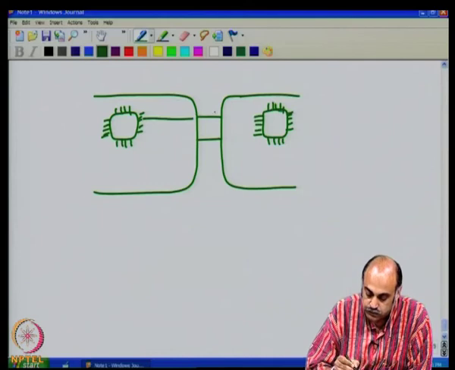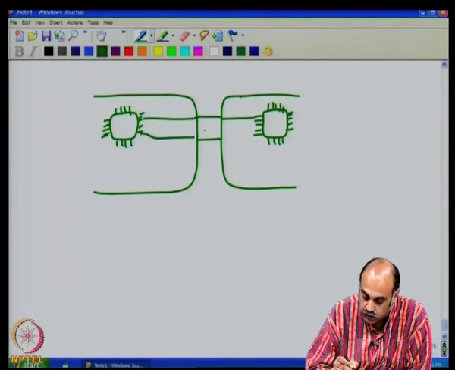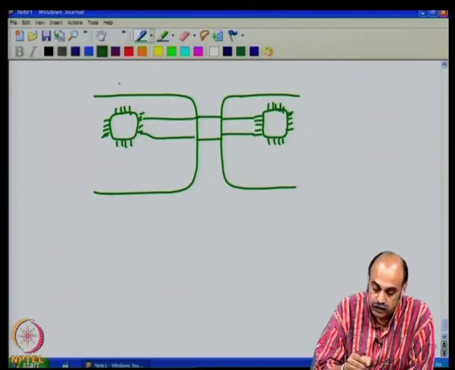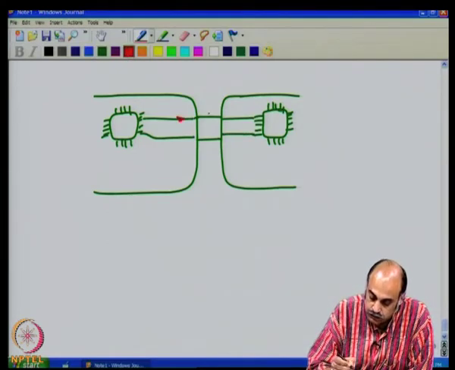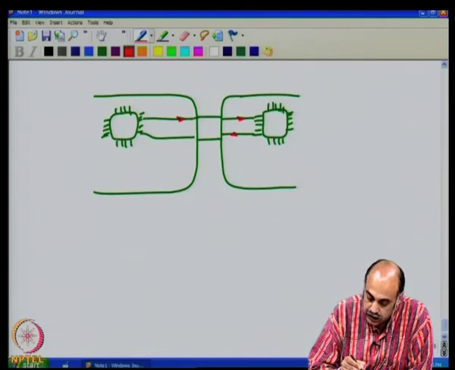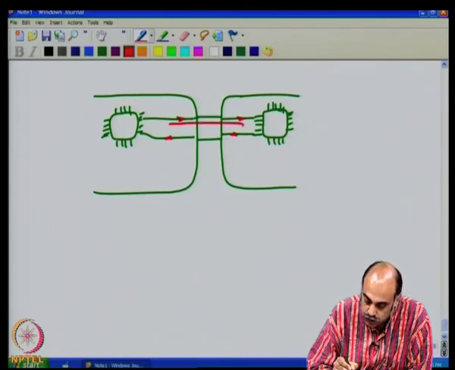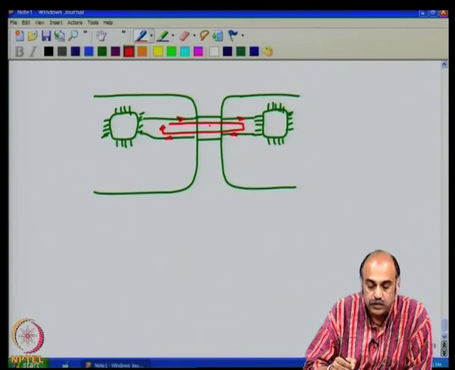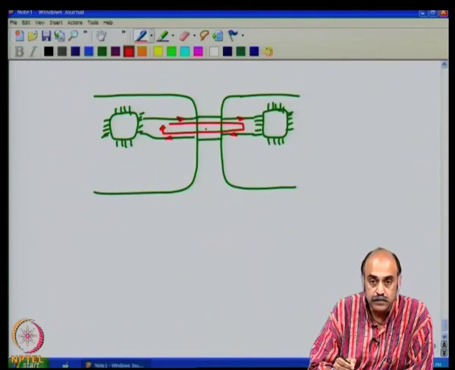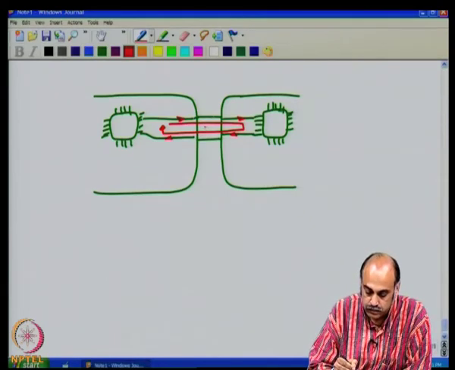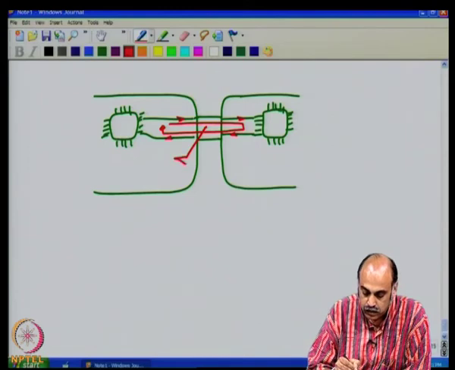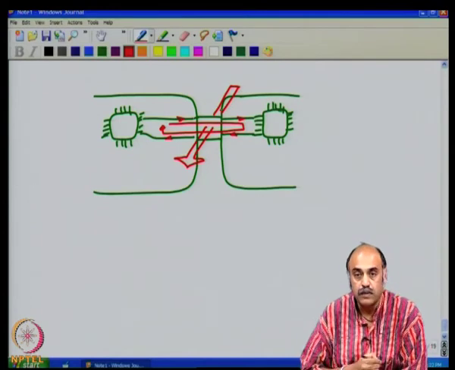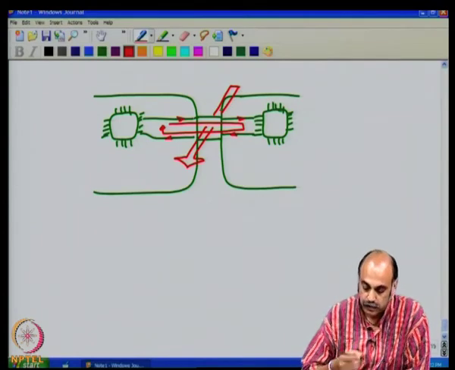Now, you have the line going from here to here and the return line which we expect it to go from here to here, which means that you have a path which goes like this and the return path. This forms a loop. Now, this loop can radiate and link with other loops.